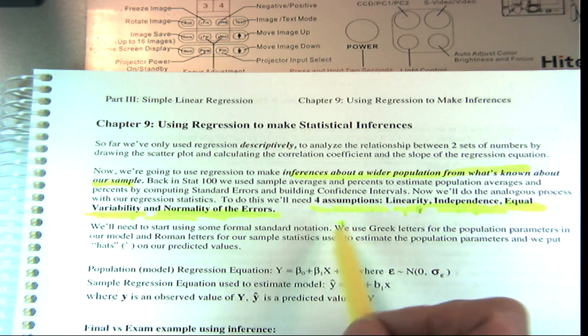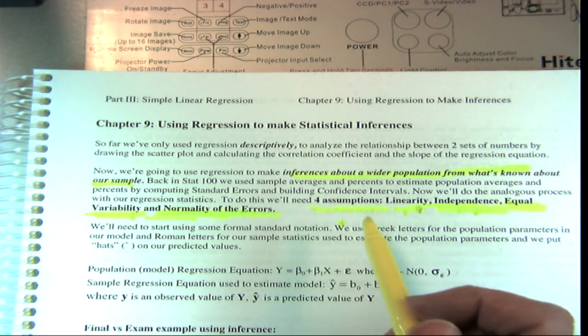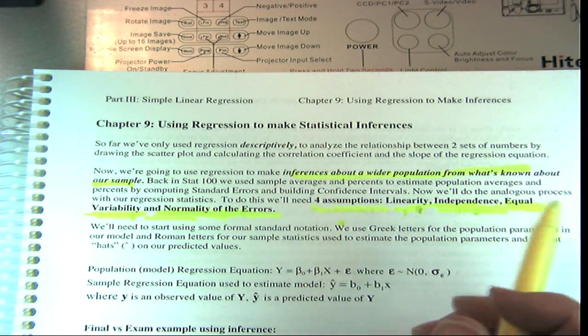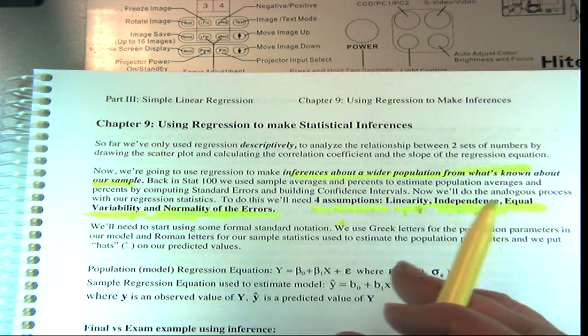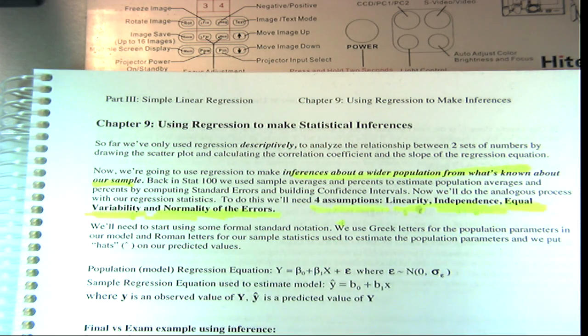Sometimes referred to as that the errors are independent, identically distributed, normal 0 sigma squared, IID normal 0 sigma squared. If people are in higher level math classes, you've probably seen that a lot, in stats classes.